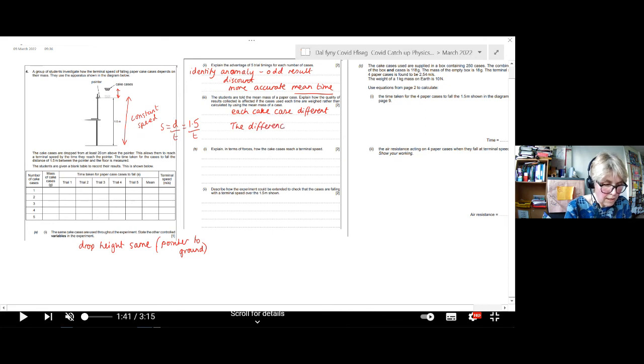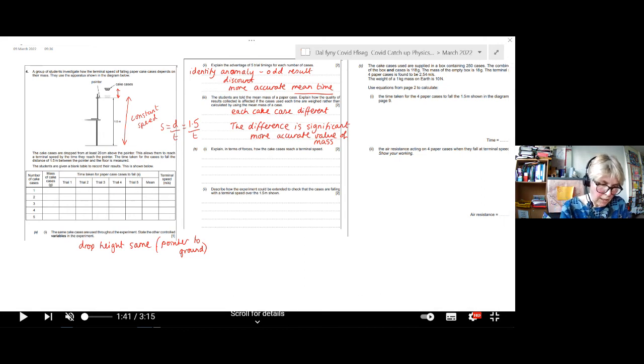If you decide that the difference is not significant, you can also write that, so that it's not going to have any effect. But I'm going to say the difference is significant, and therefore you're going to have a more accurate value for the mass of the cake case. You can go either way, as long as you explain yourself.